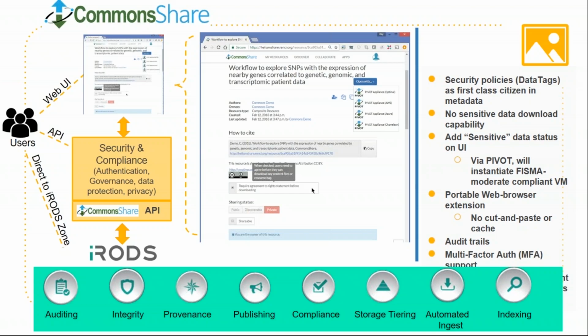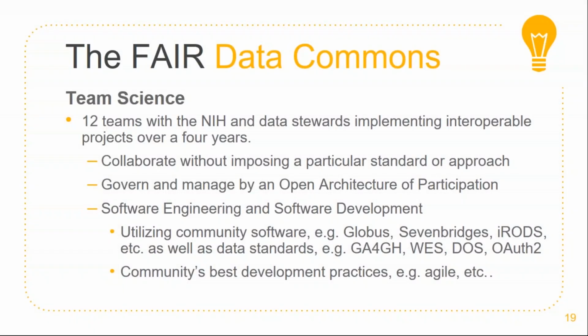One area of research that we think is interesting is tools that would limit cut and paste out of a web browser, because that's another concern when you're talking about sensitive data, along with audit trails and multi-factor authentication when needed. So that's an overview of what we think this will look like when we're done.